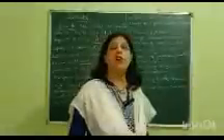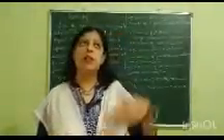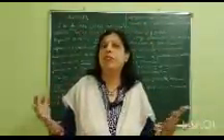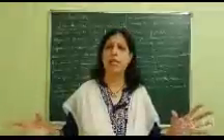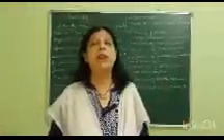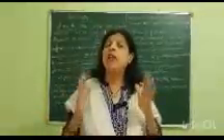Now, things that are of one kind, for example, the moon, the earth, the sky, the sun, the stars. They are all of one kind, so in that case, we will use the. So, remember, children, a and the.